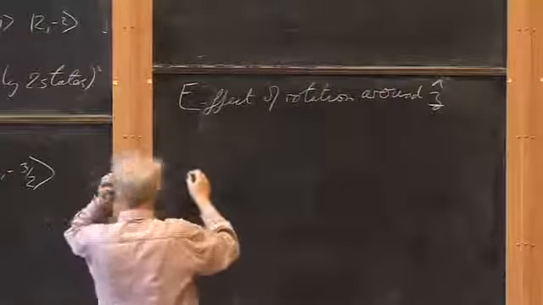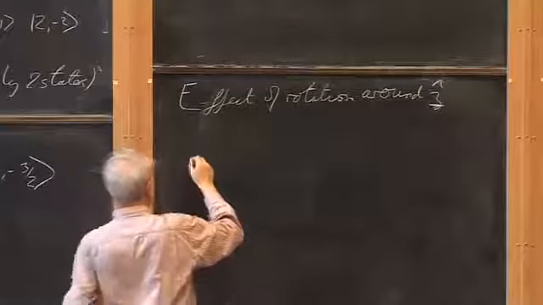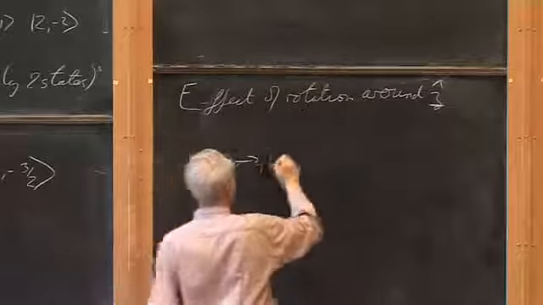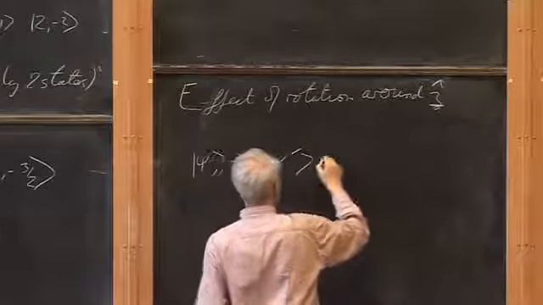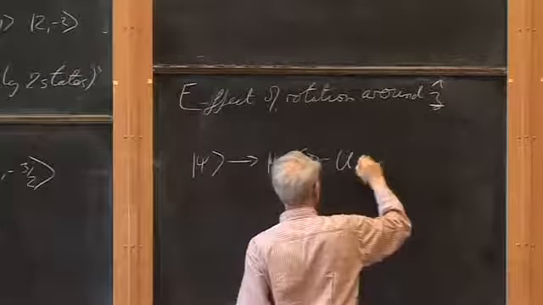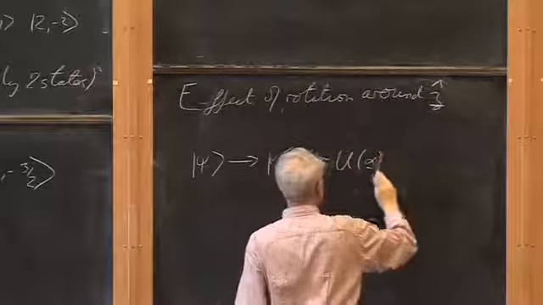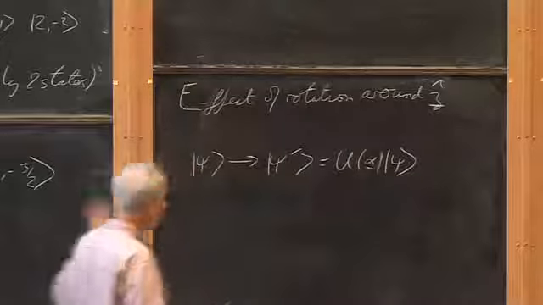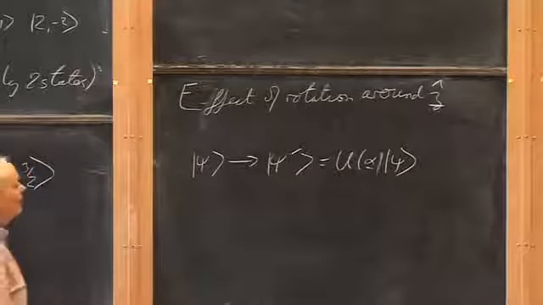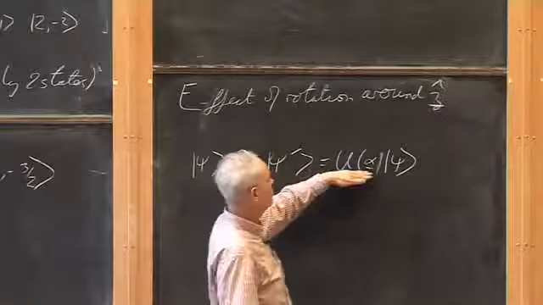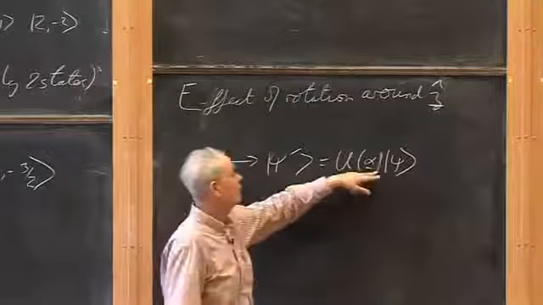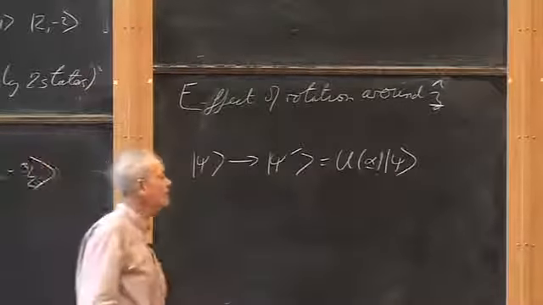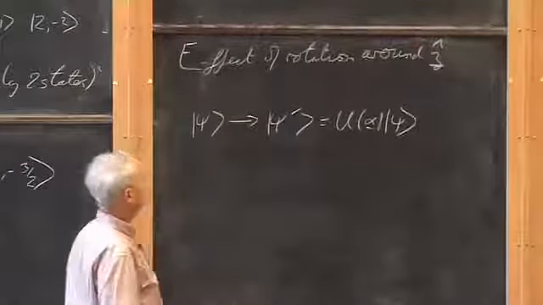Okay, so psi goes to psi primed, which is U of alpha acting on psi. So these angular momentum operators came in as the things you put in an exponential in order to generate a rotation, the unitary matrix that makes you a new system, which is the old system rotated. So we want to see what we get now.